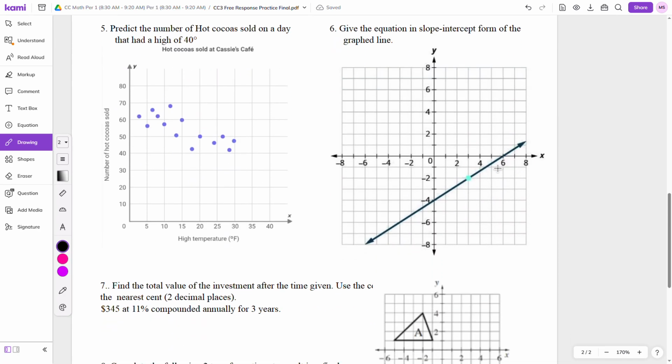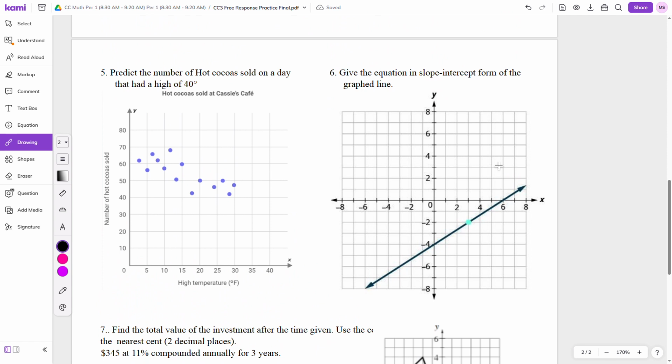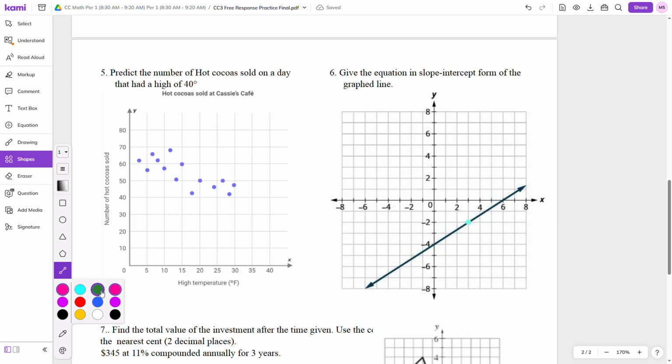And now, moving on. Again, if I'm going too fast, just pause the video and try to do it yourself. So let's try number 5. All right, I hope that was enough time for you to try that one. Let's draw that line.